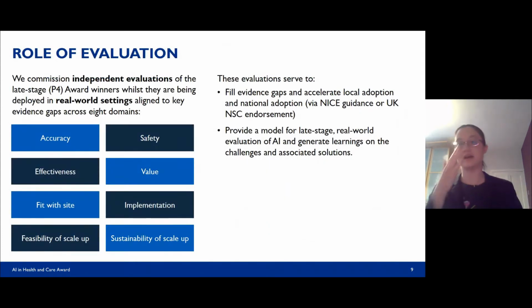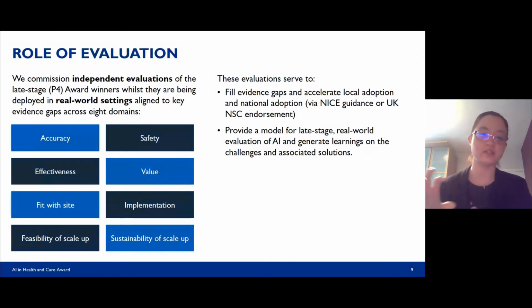As I mentioned, we specifically commission independent evaluations of our phase 4 technologies, and we expect those evaluations to cover 8 key domains, which are shown on the slide, so I won't read them out. Essentially, these are mixed methods, real-world evaluations of the technologies as they are deployed.